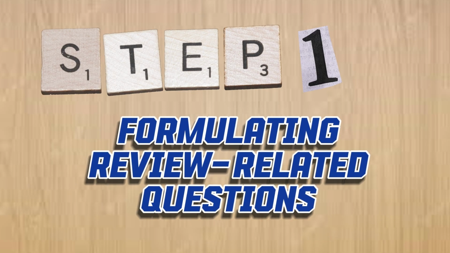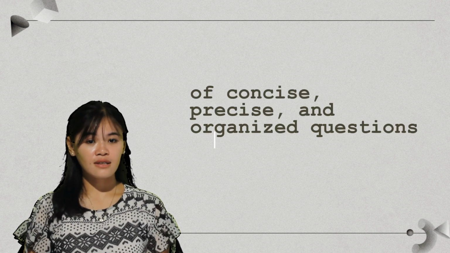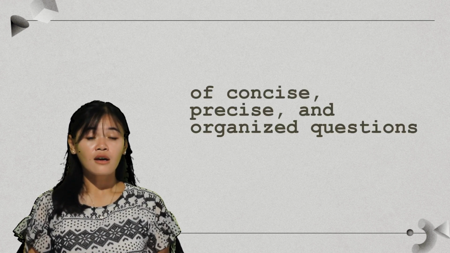Formulating review-related questions. Before starting the review, the issues that need to be addressed should be outlined in the form of concise, precise, and organized questions. Modifications to the protocol should only be permitted once the review questions have been established, if it becomes clear that there are better ways to define the populations, interventions, outcomes, or study designs.